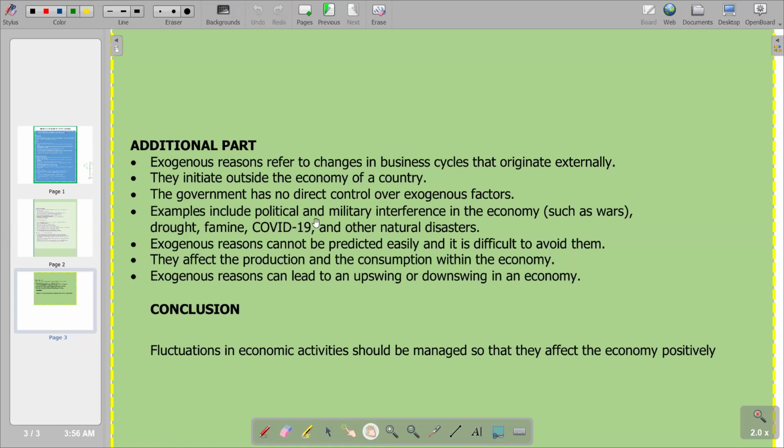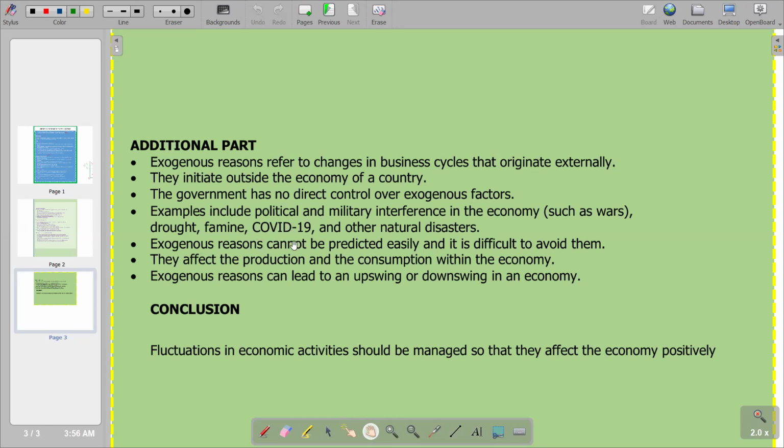Then examples include political factors being exogenous reasons. Military interference in the economy can also be part of exogenous reasons, such as wars, droughts, which is part of the climate, famine, and then you've got COVID-19 also. It was and it is an exogenous reason, and other natural disasters can also be classified as exogenous.